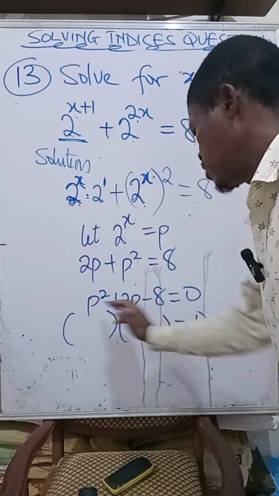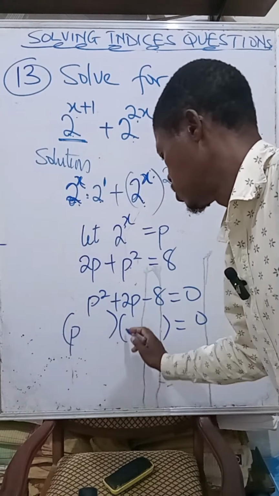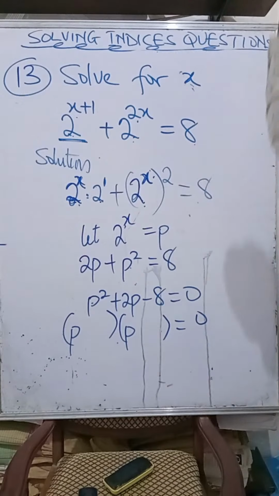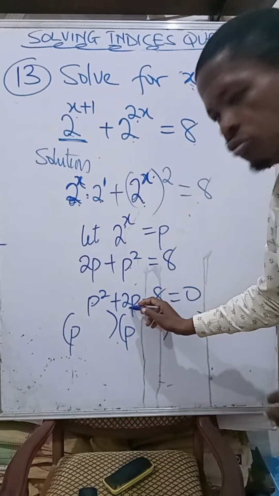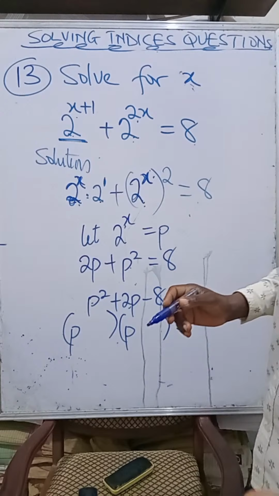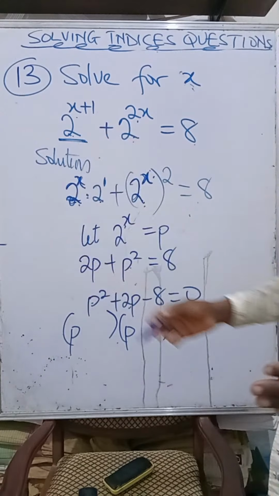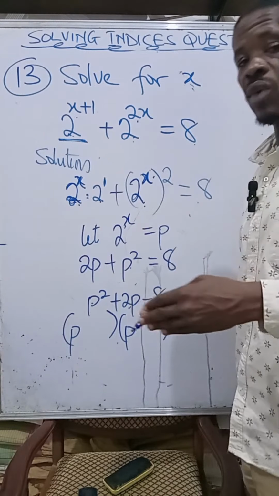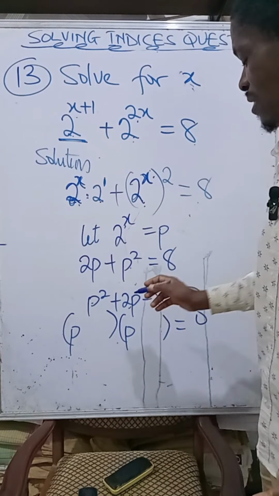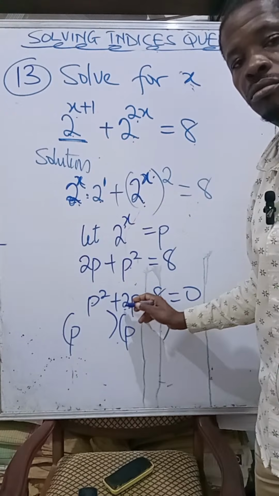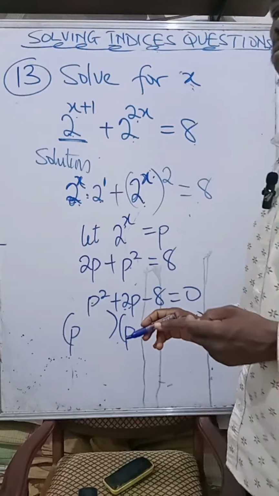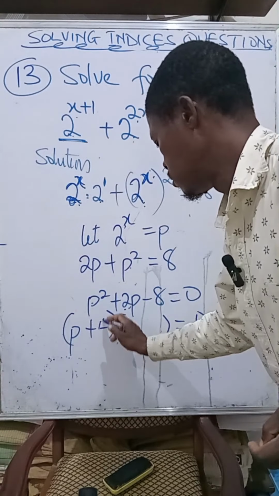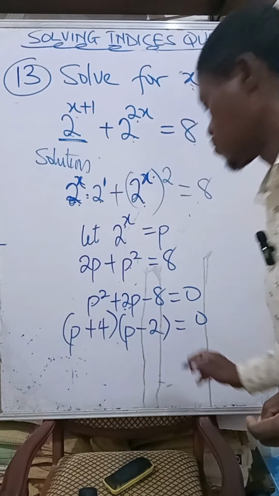Let's factorize that. P squared, 1 here, 1 here. Factors of 8 that can give us plus 2, either by adding or by subtracting. Factors of 8 could be 8 and 1, but 8 and 1 can never generate plus 2. 4 and 2, and that will be plus 4 minus 2.